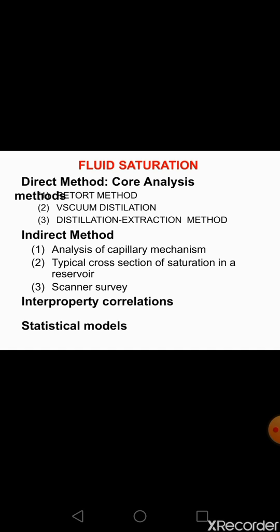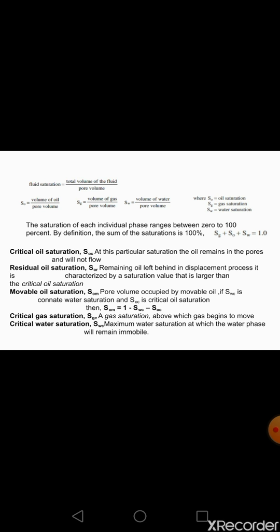Next, typical cross section of saturation in reservoir, and third is the scanner survey. Other important methods are interproperty correlations like porosity, permeability and capillary pressure saturation relation, and next is the statistical models. Using various statistical models fluid saturation is determined.